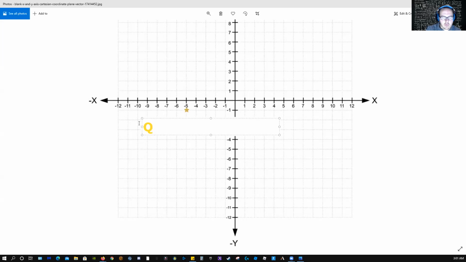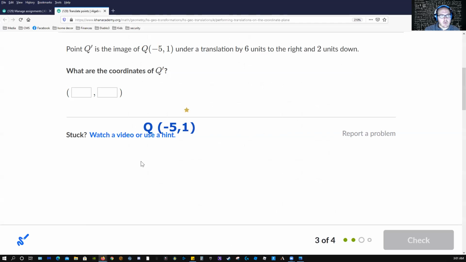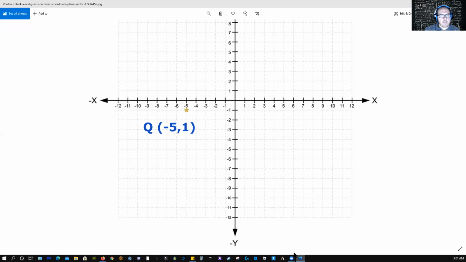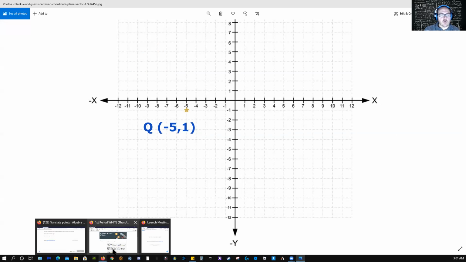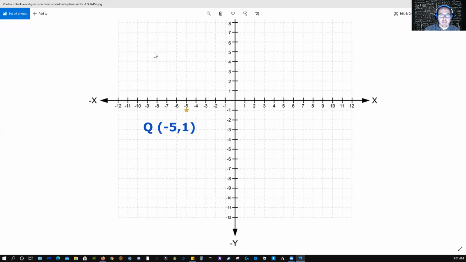It said point Q. Yeah, yellow doesn't seem to be a good color for this. So point Q is at negative 5, 1. I can tab back just to make sure I had that right. Q is at negative 5, 1. Yep. Okay, so that's that star right there on the screen. Negative 5, 1. And then it told us that Q prime, and that is the way you say that thing.